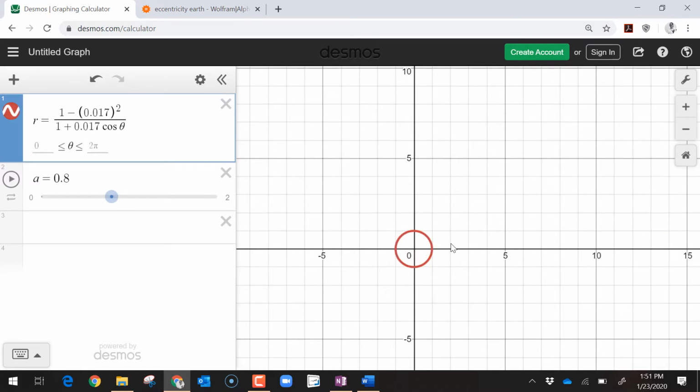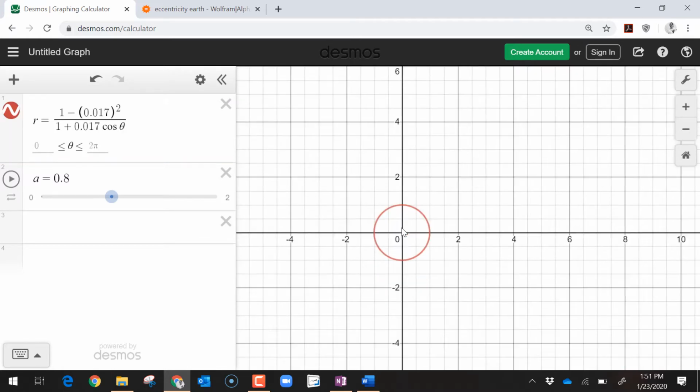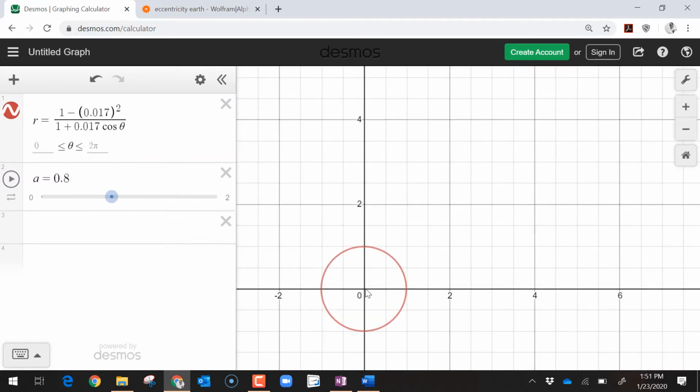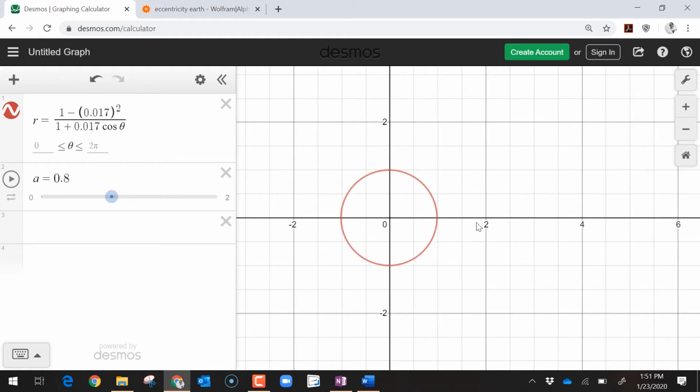There we go. Looks a lot like a circle. But we know it's not, right? It's just an ellipse with a really, really small eccentricity. So imagine plotting this out, and imagine plotting out the Earth going around the sun and the moon going around the Earth at the same time. It's a cool picture. All right, see you guys Monday.